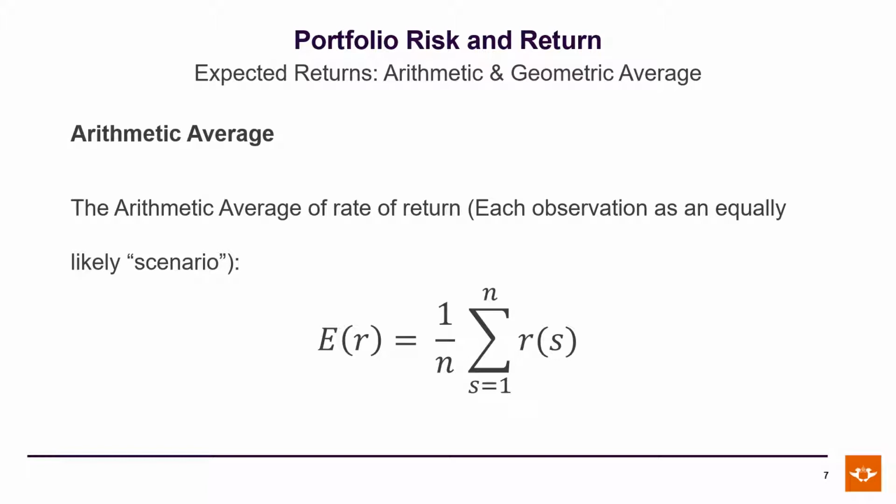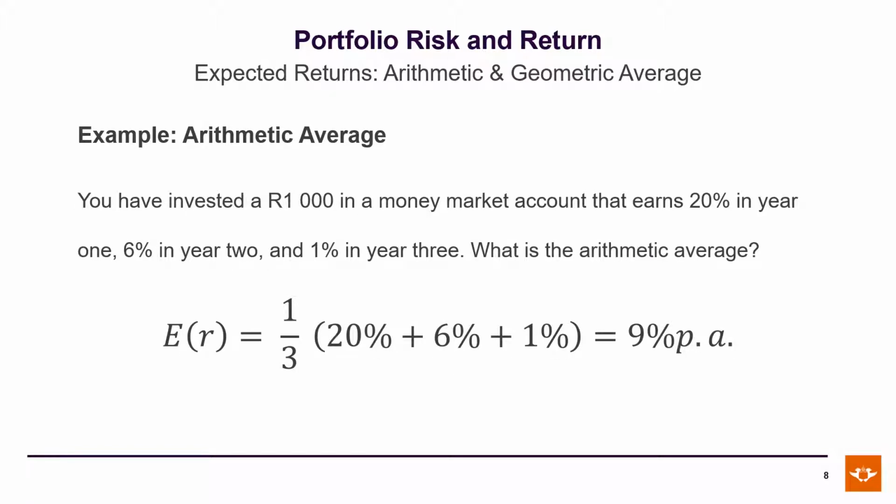We're going to look now at a simple example on how to calculate the arithmetic average. You have invested 1,000 Rand in a money market account that earns 20% in year 1, 6% in year 2, and 1% in year 3. You want to know what the arithmetic average is going to be. Looking at the solution below, we see it's straightforward.